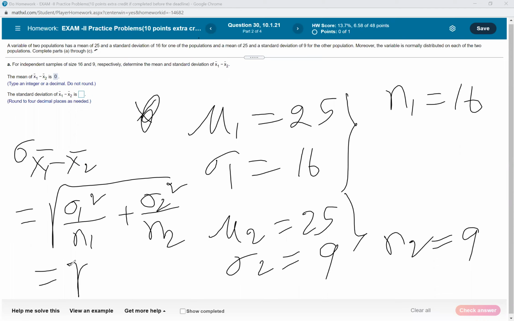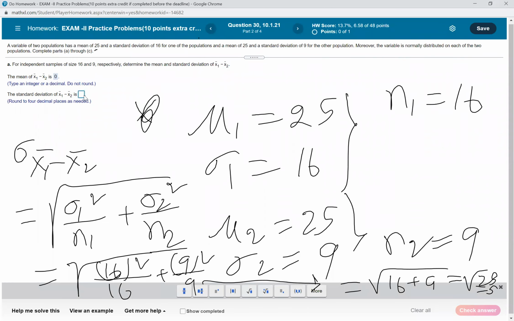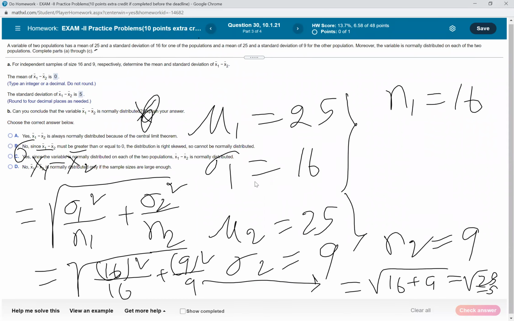So sigma 1 square is 16 square over n1, which is 16, plus 9 square over 9. If you simplify this, it will be the square root of 16 plus 9, so the square root of 25, which is 5. So the standard deviation is 5. Let me check the answer. Yeah, that's correct.